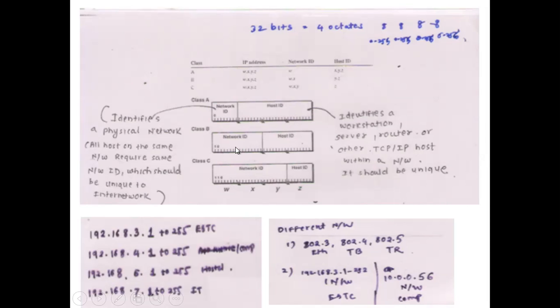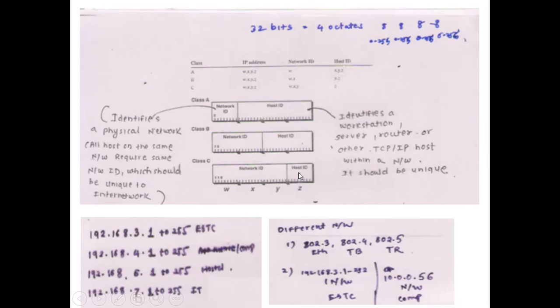In class B, the first 2 octets are the network ID and the remaining 2 octets are the host ID. In class C, the first 3 octets are the network ID, whereas the fourth octet is the host ID.